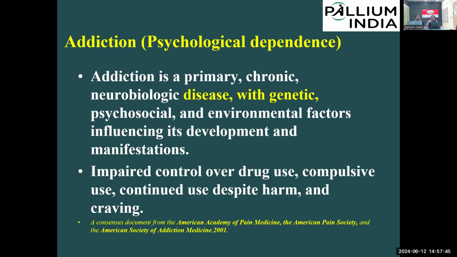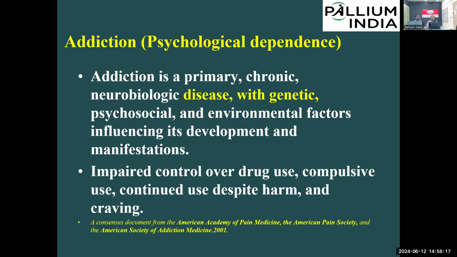According to the American Pain Society, American Academy of Pain Medicine, and American Society of Addiction Medicine, psychological dependence or addiction is a neurobiologic disease with genetic, psychosocial, and environmental factors which influence its development and manifestations. There will be impaired control over drug use, continuous use despite harm, and craving for the drug.